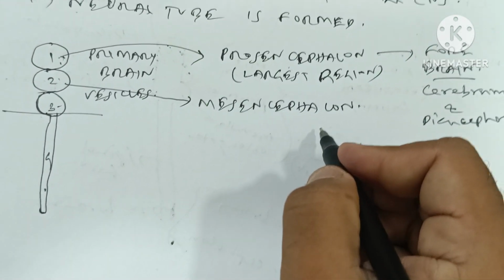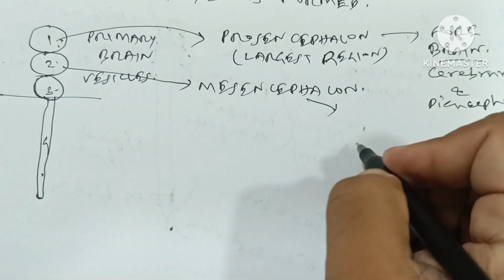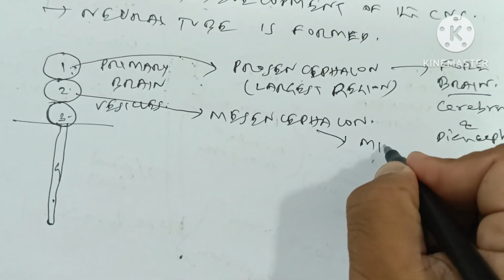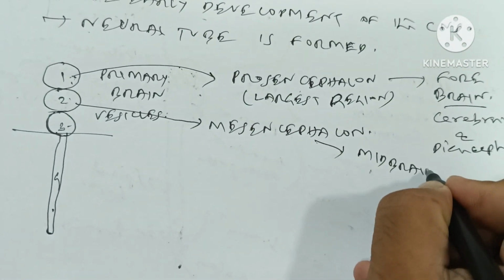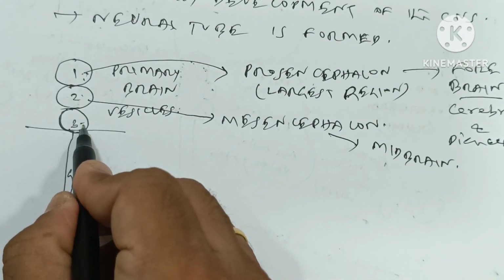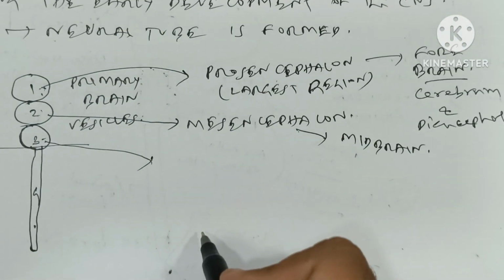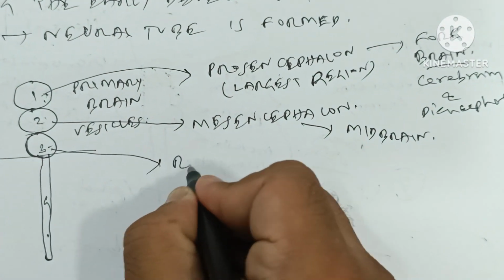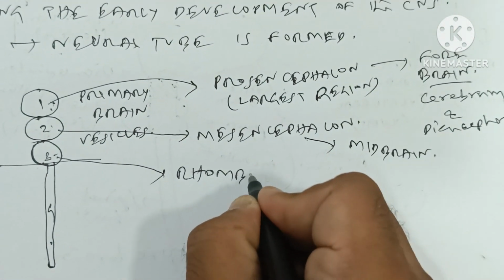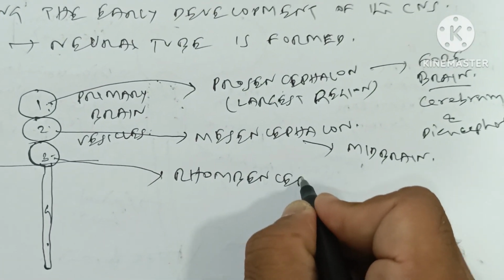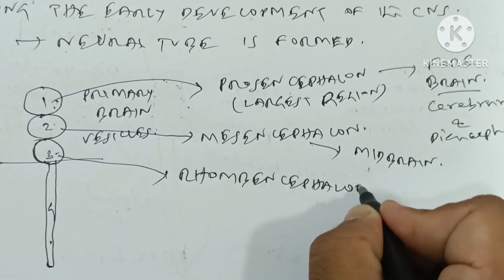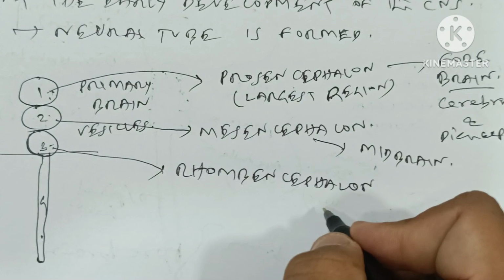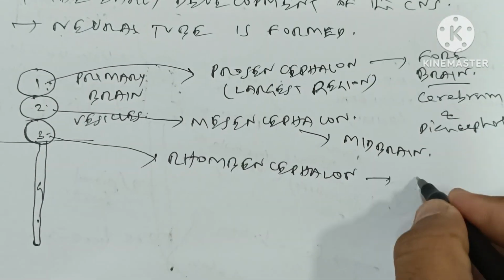This mesencephalon will later form the midbrain. And the last primary brain vesicle is called the rhombencephalon. This rhombencephalon will later form the hindbrain.